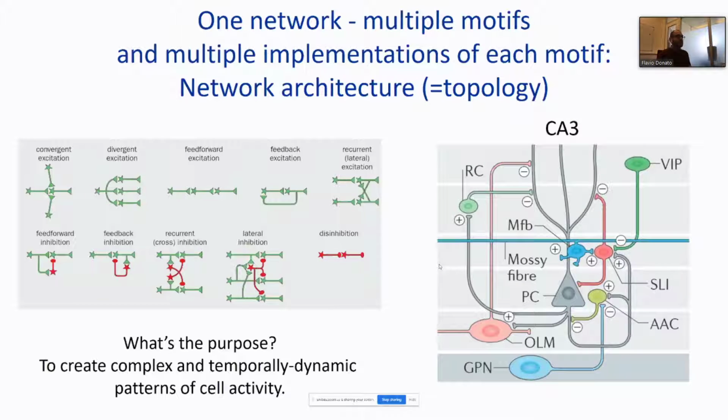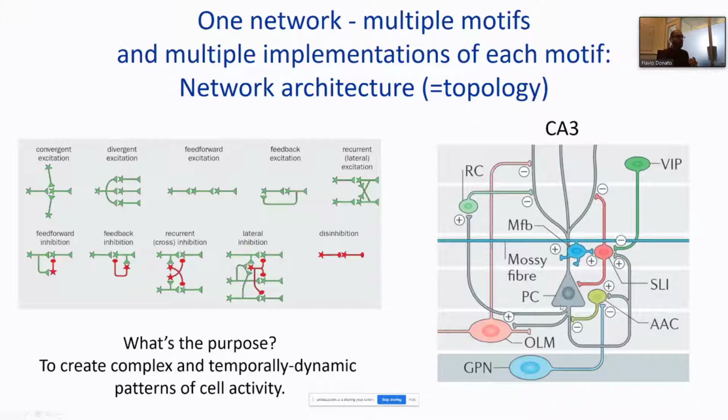The complication is that in real biological networks, these motifs are combined with each other to create complex network architectures that we can define as network topology, which is basically a reference to the way in which the neurons are connected to each other, which makes possible changing the temporal dynamics of the activity of individual neurons.